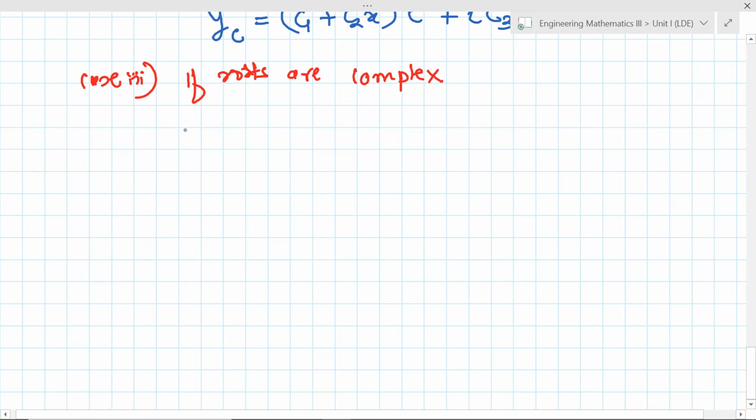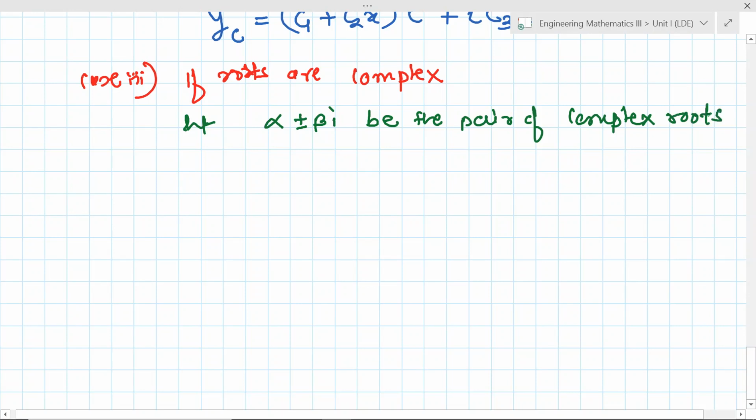Let alpha plus minus beta i be the pair of complex roots. A pair of complex roots means what? Here we have two roots. One is alpha plus beta i, and another is alpha minus beta i. Two complex roots.